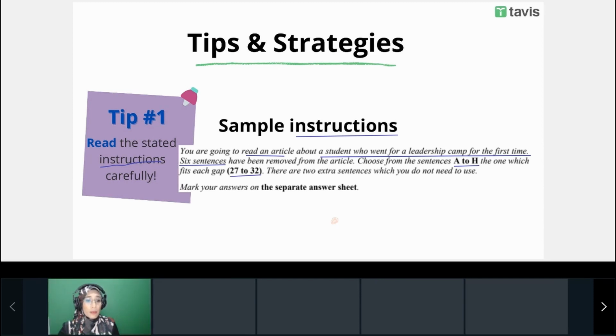There will be 2 extra sentences which you do not need. So be careful when you choose your answer because there are 2.